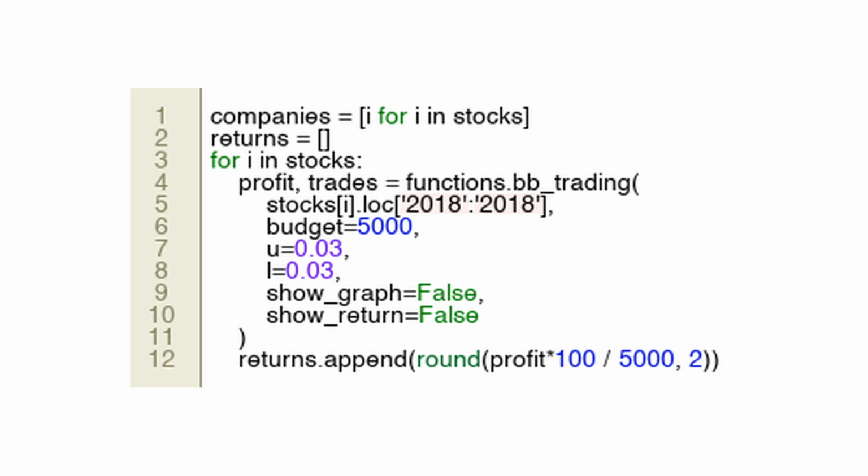In the following lines, the code iterates over each company present in the stocks collection, which likely contains historical stock data. For each company, it applies a trading strategy encapsulated by the functions.BB_trading function.